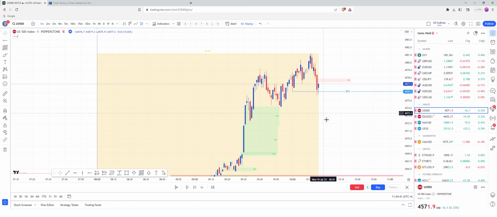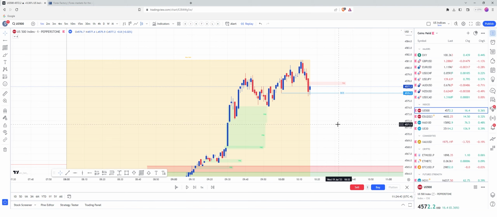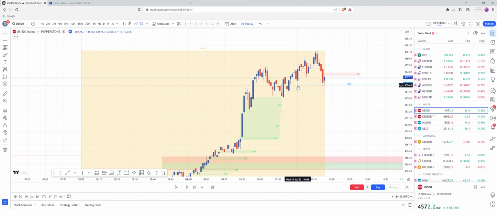So when I'm looking at break of structures, my new theory that I'm just implementing, so I'm not getting caught into these kind of moves, is I want body closes over the break of structure. So I've mentioned in previous videos we want to see large displacement candles, so candles that are much larger than those around them, which these aren't, and also a body close over the break of structure.